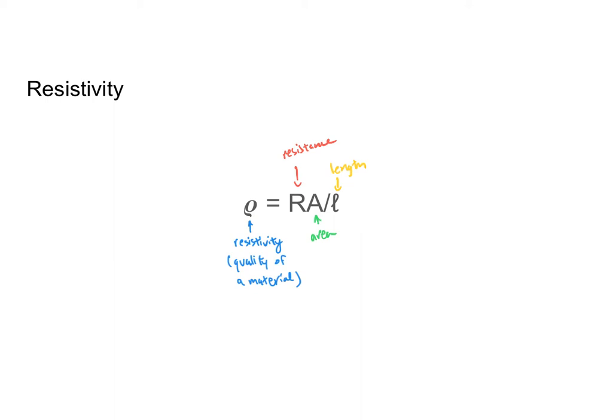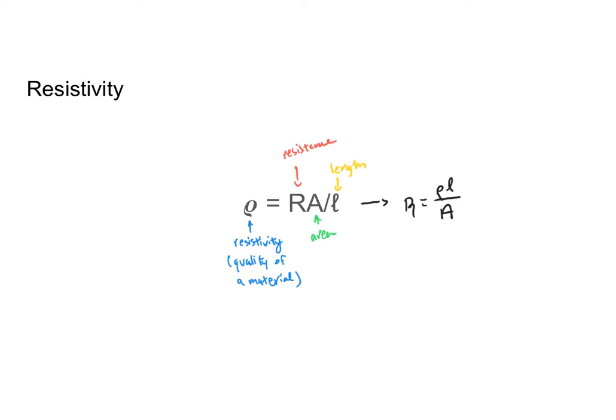So we can change its material, its area, its length, and we're going to measure the effect of those things on resistance. So when we rewrite this in terms of resistance, what we get is that our resistance is equal to our resistivity of our material times the length of our wire divided by its cross-sectional area.